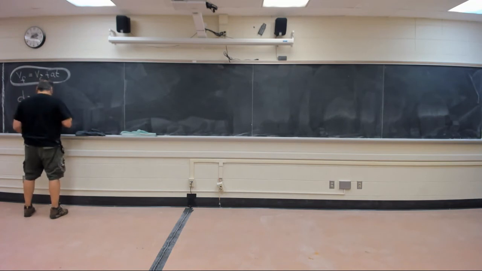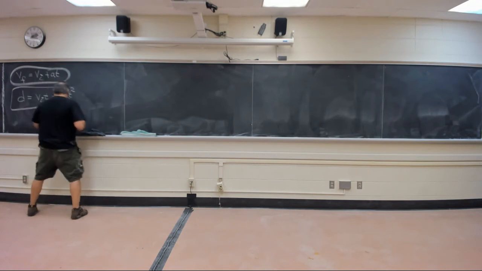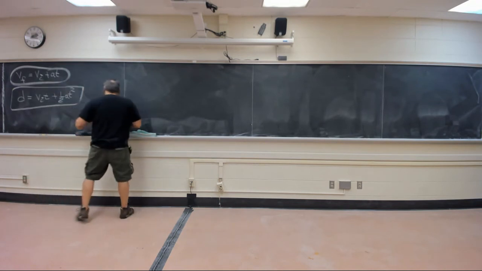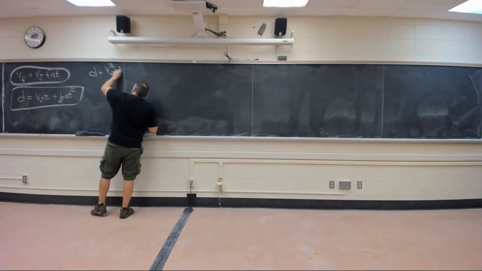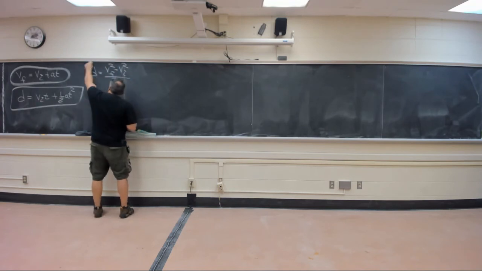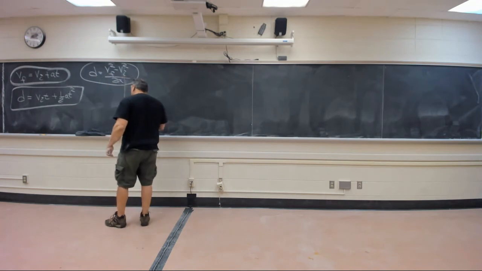D equals VIT plus 1/2 AT squared. Yeah, I think I need that one more than I need the other one. The other one doesn't have time in it, so it might be an issue. D is this.